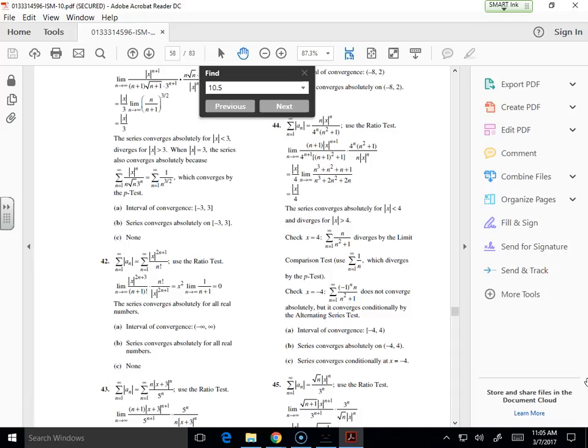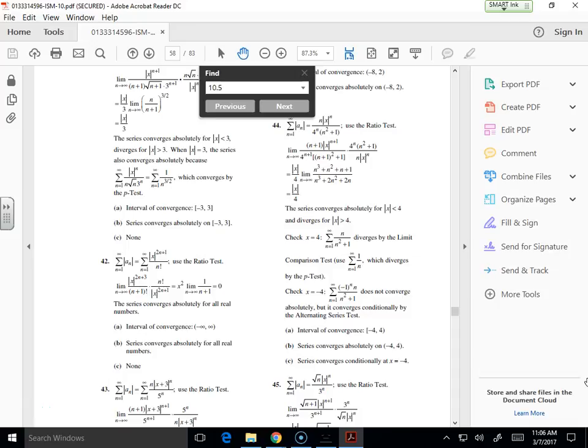Wait, no, that's not right. This is not alternating. Converges absolutely on the open interval and conditionally at -4. I was just worried about letter A, especially since this isn't alternating, that the AP wouldn't ask you to think about conditional and absolute.